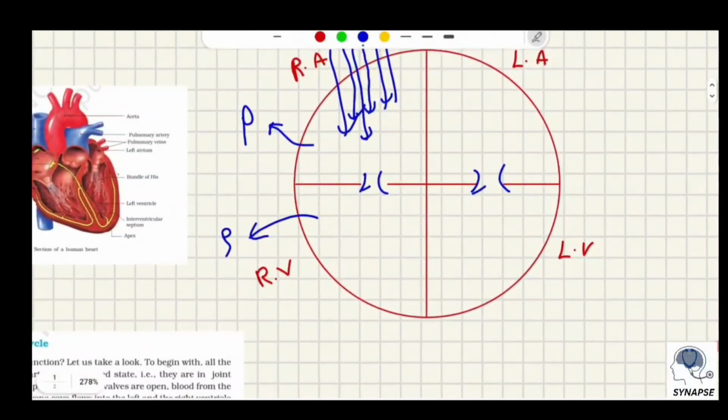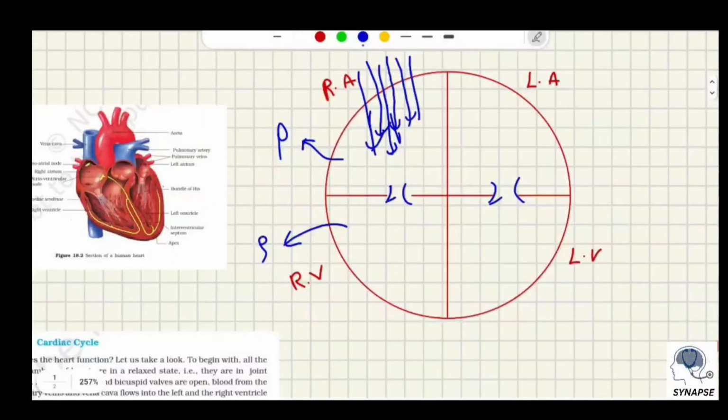Now see, the blood has entered and it is entering. Initially, all the chambers were in complete or joint diastole, meaning they were under a relaxation phase, a joint relaxation phase. Now, as the deoxygenated blood has entered, the pressure starts to increase in the right atrium.